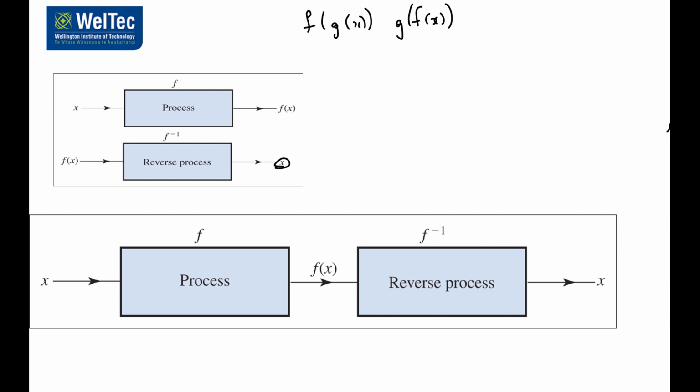So we put in x, the process happens, out pops the result, and if we pop that result into the next machine, which does the reverse process, and we use the notation f to the power of -1, it's not actually a power, it's just notation, out pops x. And if that happens, what we're talking about is the inverse function.